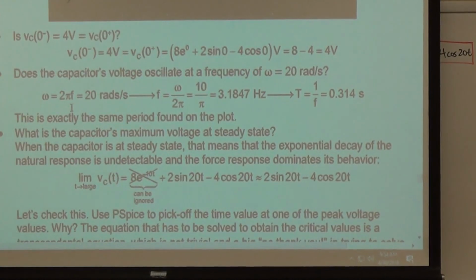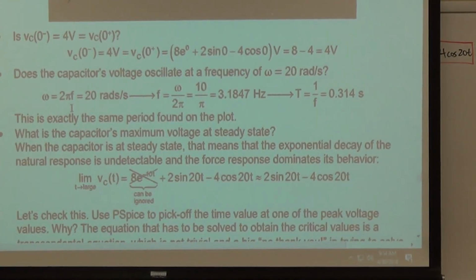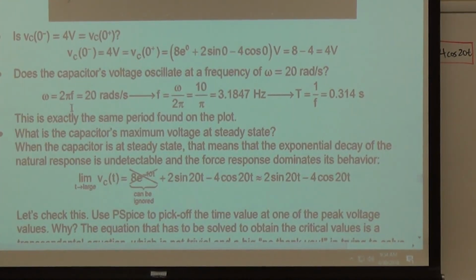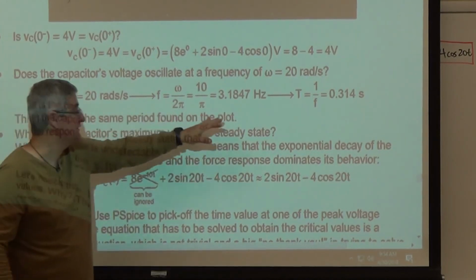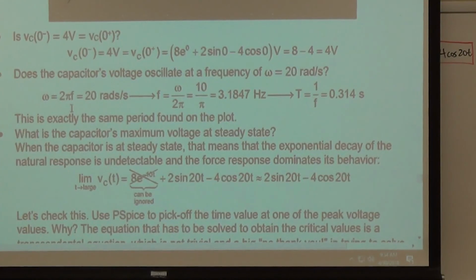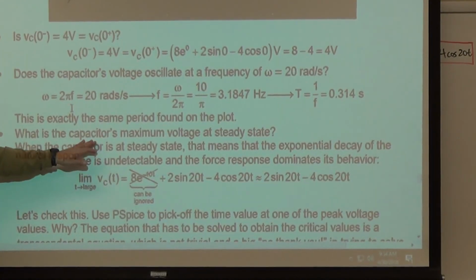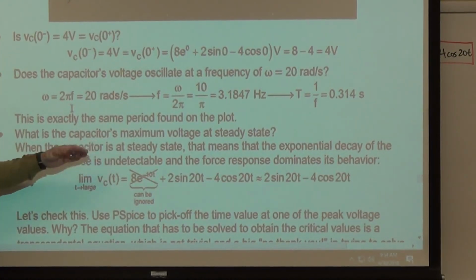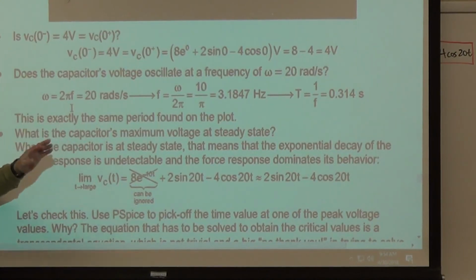And then another thing here is the frequency of the circuit still, 20 rad per second. So you could go in and measure peak to peak, and I still get this rad as the solution. And then I went in and calculated the maximum voltage once it reaches steady state.